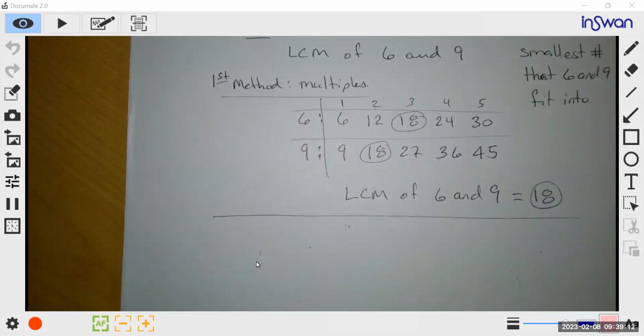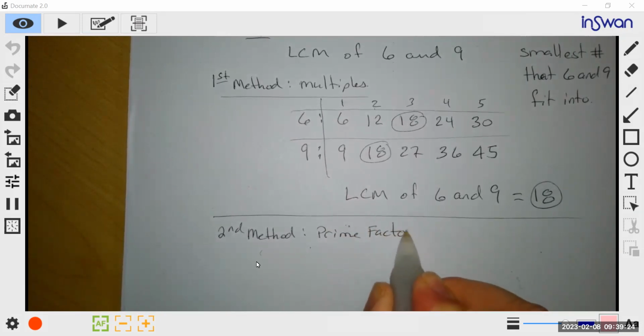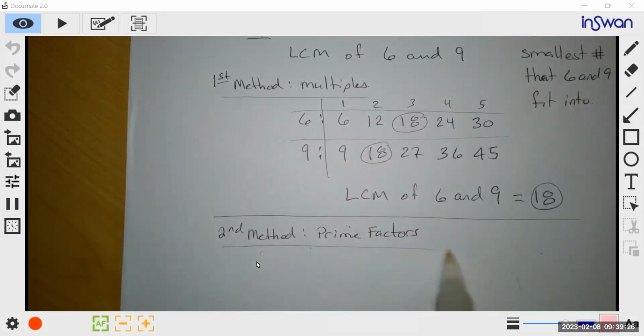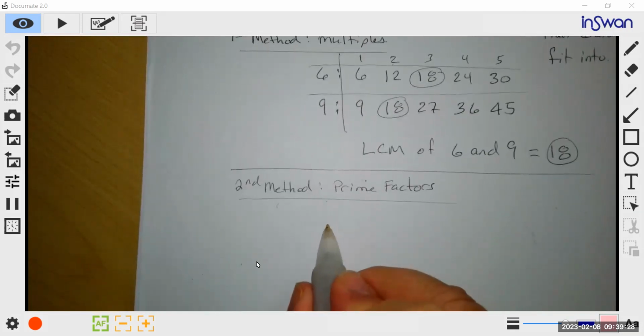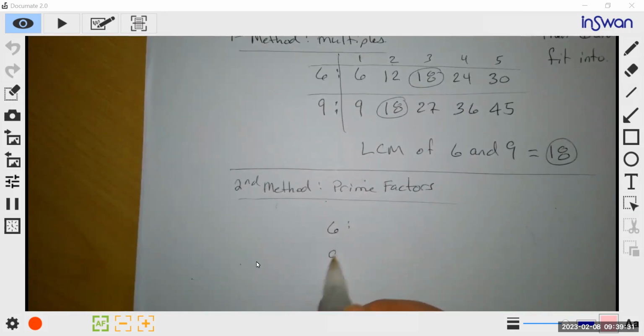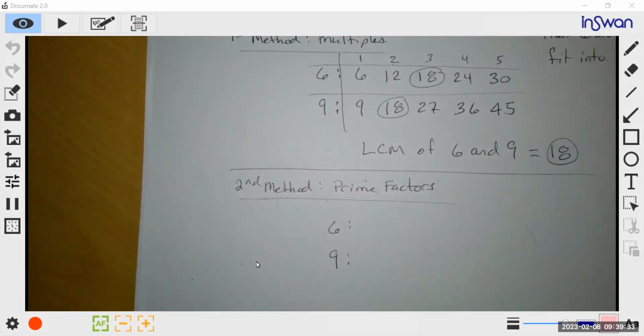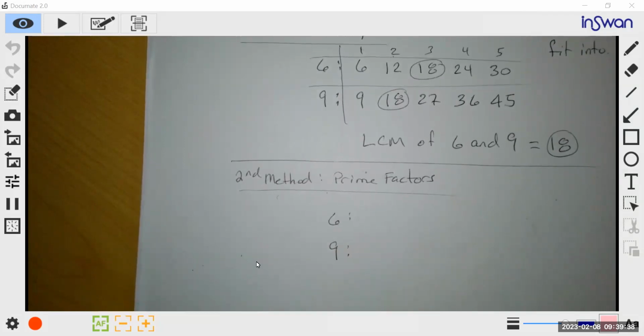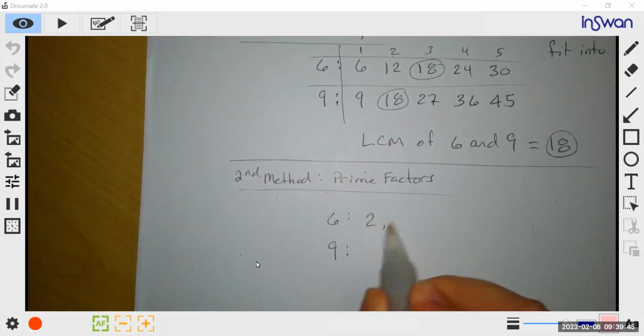Okay, here's another method. Prime factors. So what are the prime factors of 6? 2 and 3.